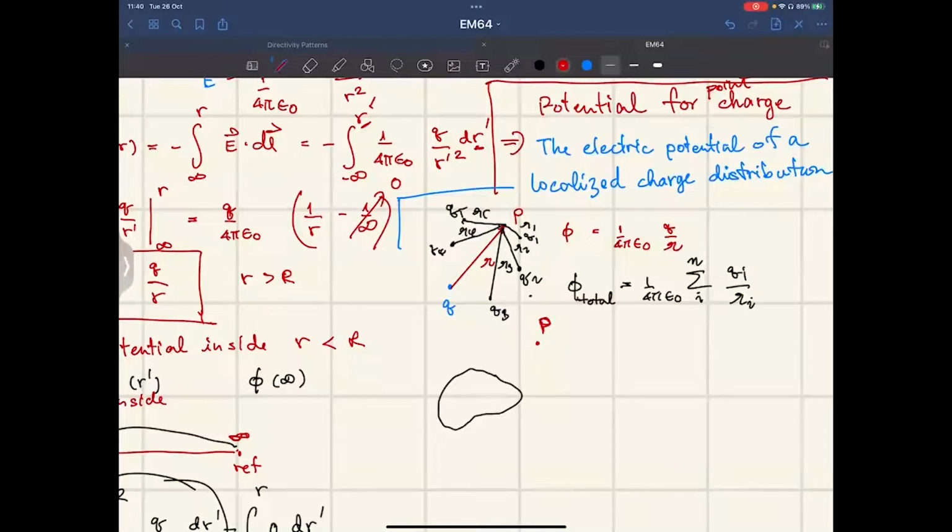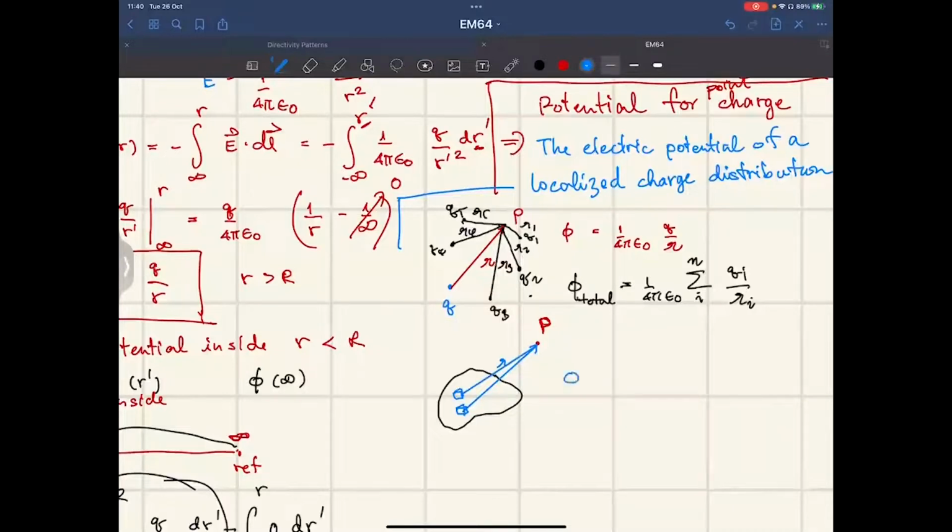We have to choose a very small portion, and see how this portion affects this point. This one is R. We have too many of them, so we have to do the integration.